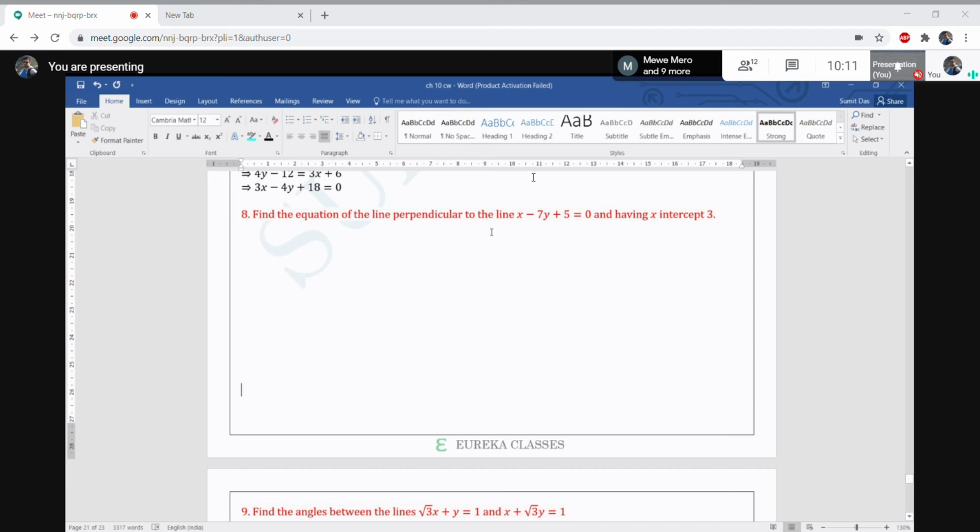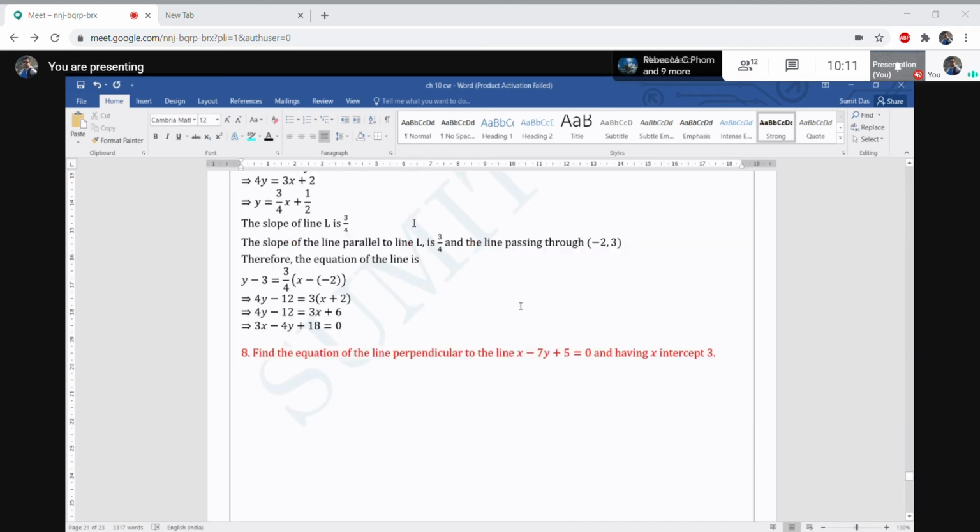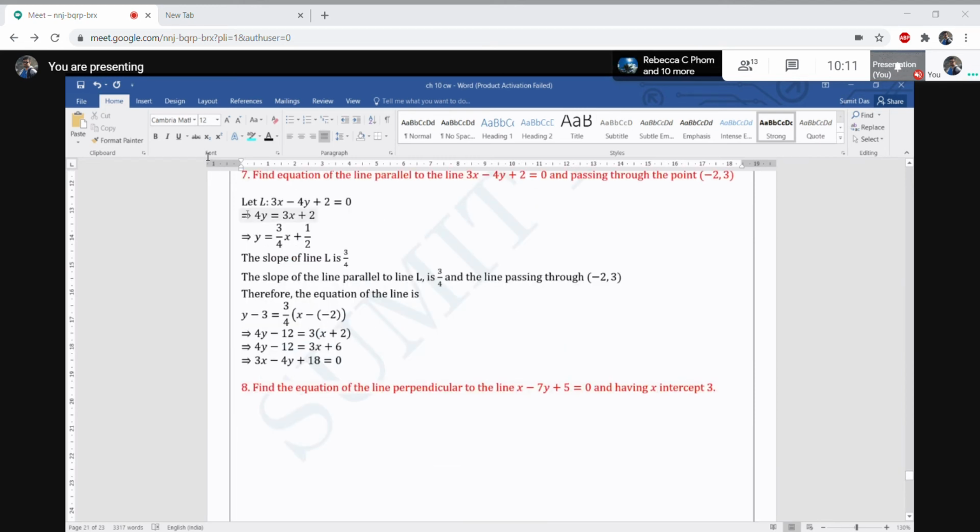So you have to find the slope of the line. Okay, you have to write like this before. Let L be x minus 7y plus 5 equals 0.